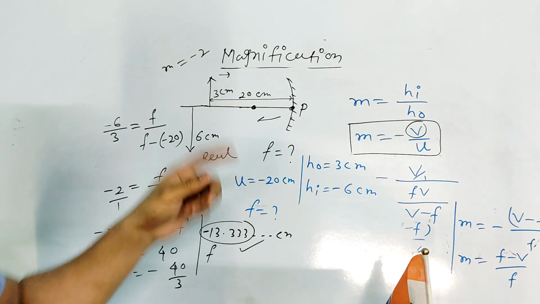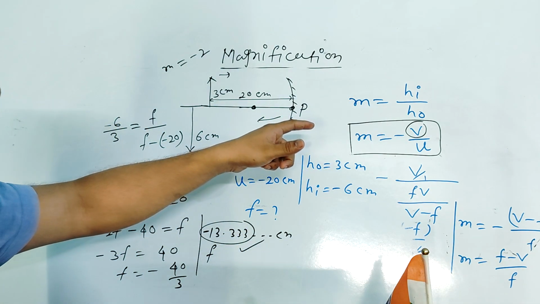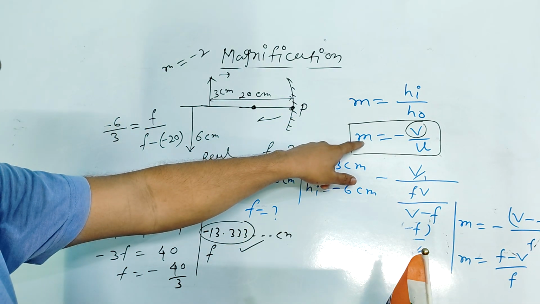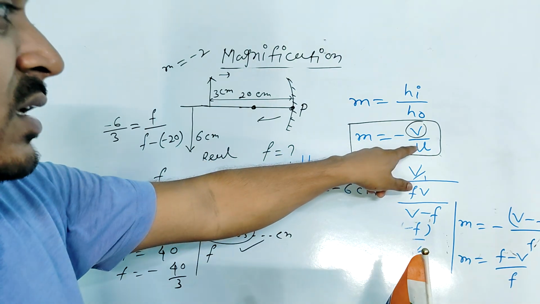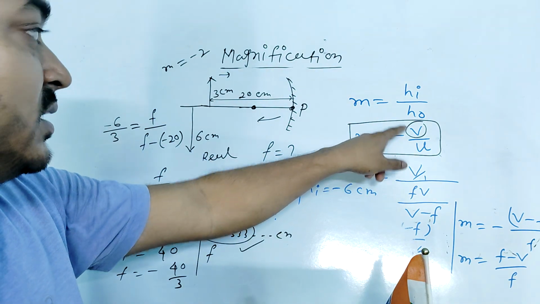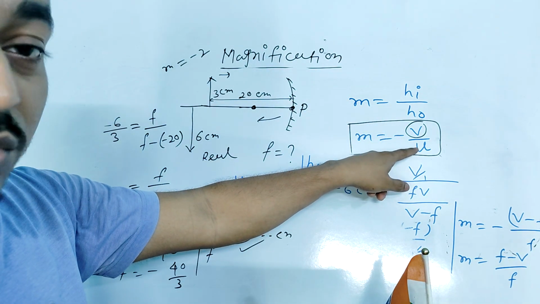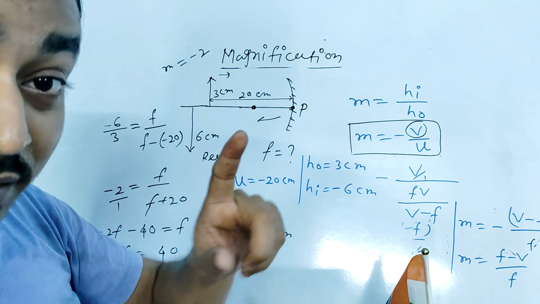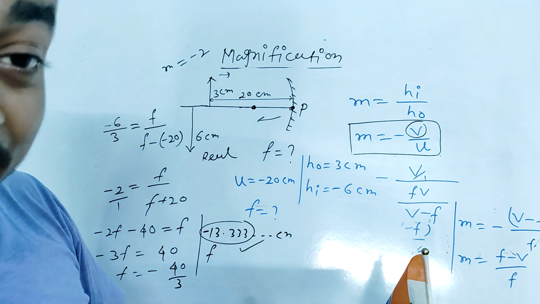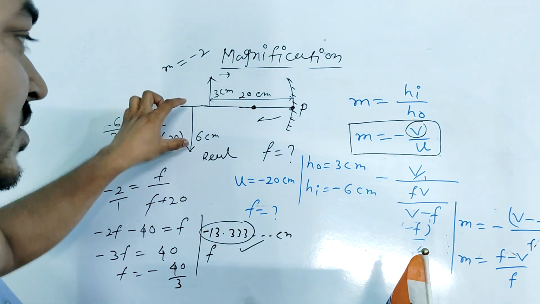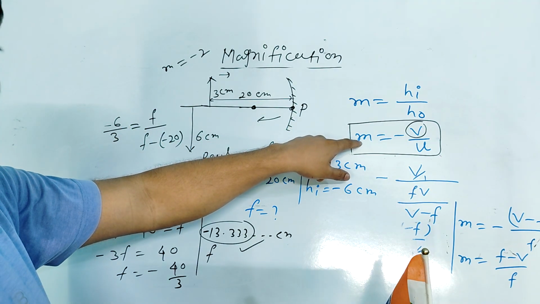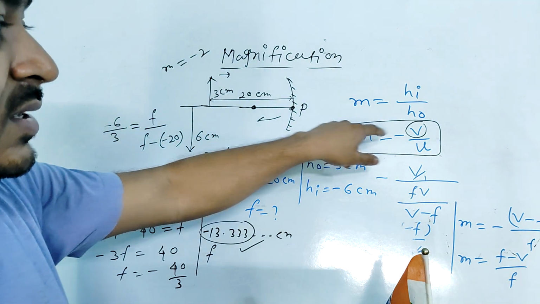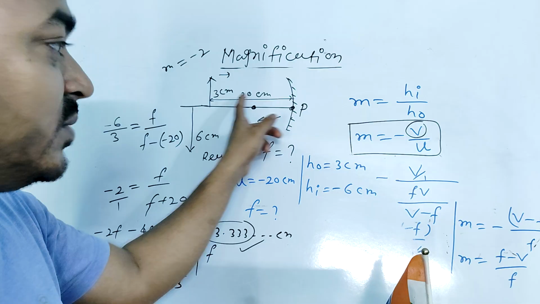We have to find v. That time we use another formula, magnification. We know magnification, and the object distance u is known. What is the value of magnification? You have to put minus 2, because it is real, and u is minus 20.